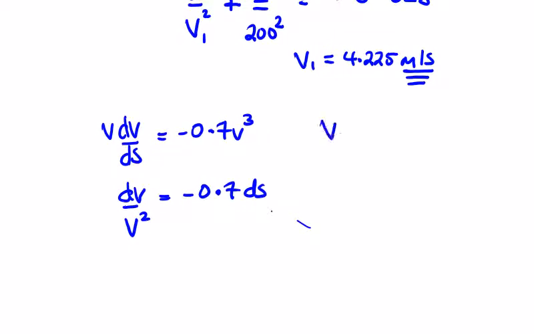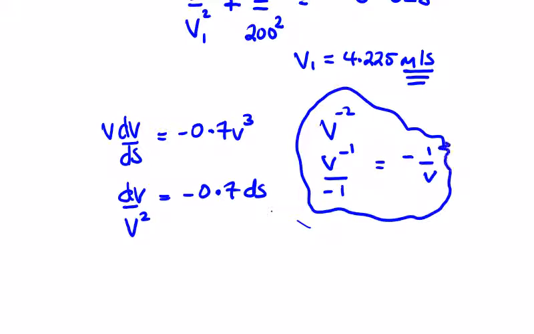So integrating v to the minus 2 will give v to the minus 1, increase the power and divide by the new power, which is equal to minus 1 over v. Just do your rough work, like work it out to 4.225, do a bit of rough work off to the side. I checked it a couple of times and fed it back in. So we're going to integrate these.